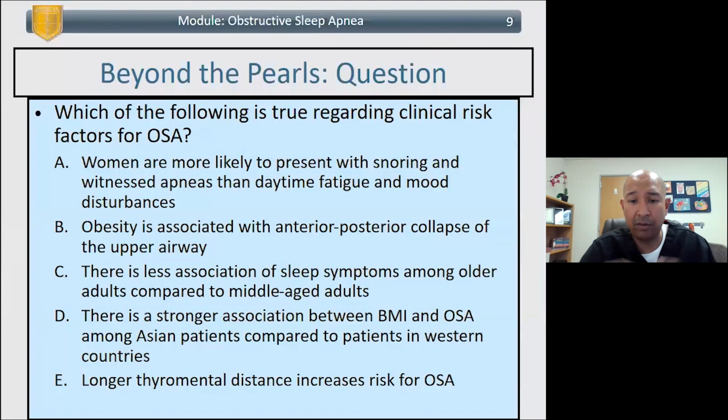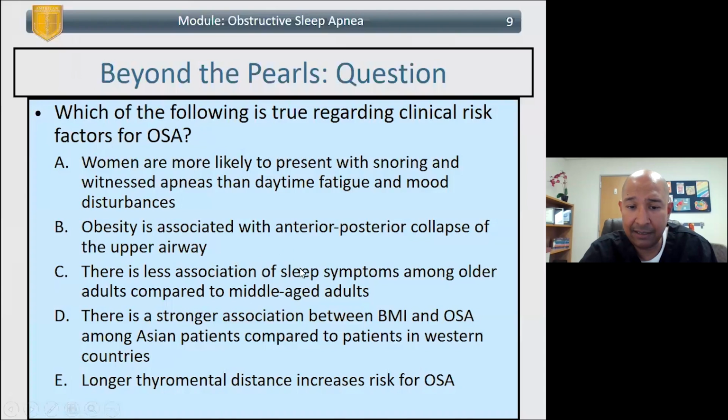Anterior-posterior is the type where you would probably plug someone into that Inspire device, the hypoglossal nerve stimulator, because of the collapse of the tongue. But if you have obesity, that's more like a concentric collapse. So I'm going to go wrong with B, wrong with A.